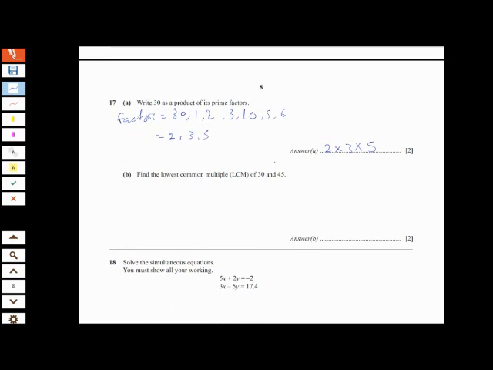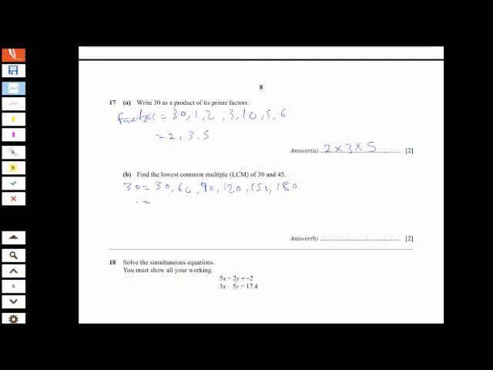Find the lowest common multiple of 30 and 45. So list them both. List the multiples of 30. Should be 30, 60, 90, 120, 150, 180. I think that's enough.